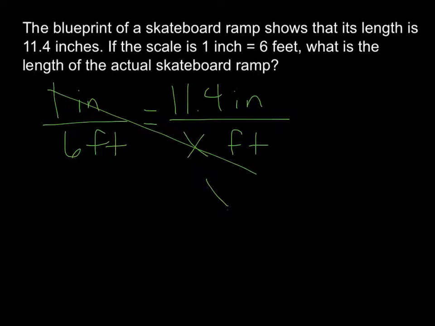So we're going to say x equals, and we just do 11.4 times 6, and we get 68.4 feet. And that tells us that the length of the actual skateboard ramp is going to be 68.4 feet.